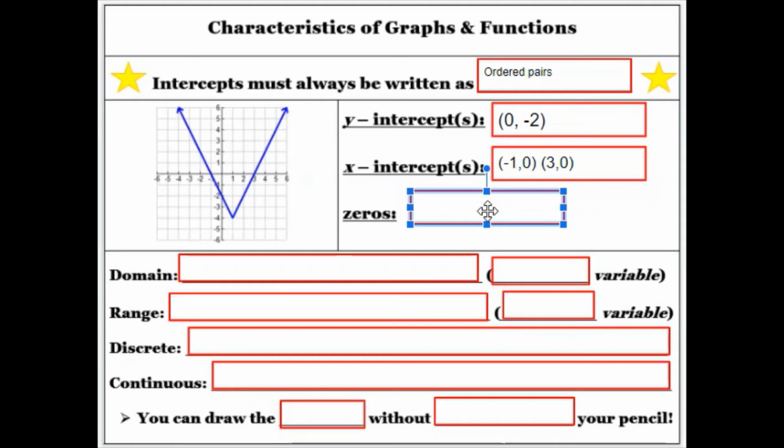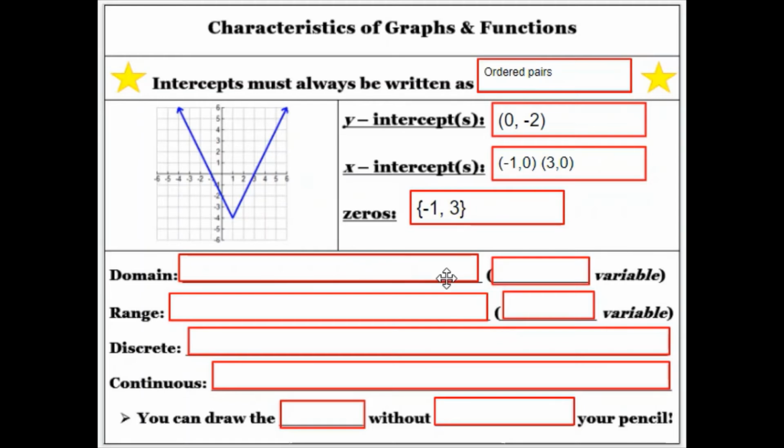When we write zeros, we just write x. So we do a curly bracket, and then we write them from least to greatest, -1, comma, 3, and then another curly bracket. Make that a little bit bigger so we can read it. So again, it's talking about the same points, the same values, but we write them differently. Intercepts have to be ordered pairs, zeros are just the x values.